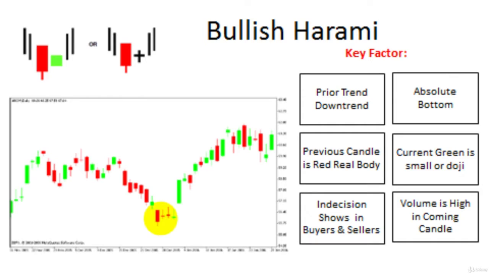Now we discuss the next candlestick pattern called Bullish Harami. As the candlestick pattern formation shows on your screen, there are two patterns. The first pattern is a big red real candle body that creates a low or bottom, and on the next candle we see a small green candle which is undershadowed by the previous red candle.